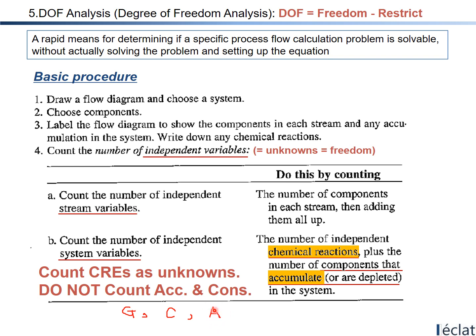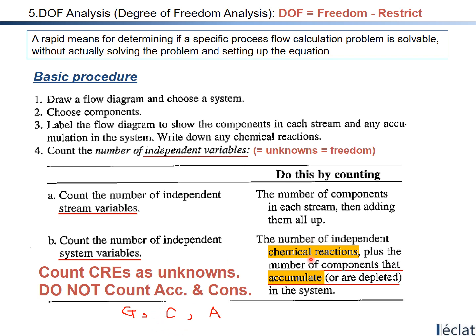How about the generation term and the consumption term? I have said chemical reactions. Chemical reactions indicate generation terms and consumption terms. Balanced chemical reactions would have the specified stoichiometric coefficients. The stoichiometric coefficient indicates the ratio between generation terms, or between consumption terms, or between generation and consumption terms.